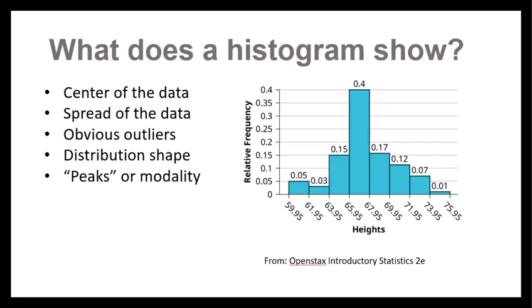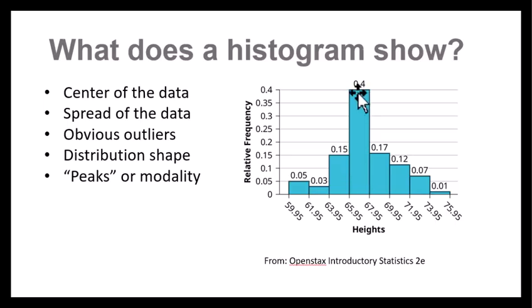So first would be a rough estimate of the center of the data. We could be talking about the mean or the median, which is something we would measure directly from the data. But in our histogram, I see that I have relatively small bars on the lower and upper height ranges, and then one particularly tall bar in the middle between 65.95 and 67.95.